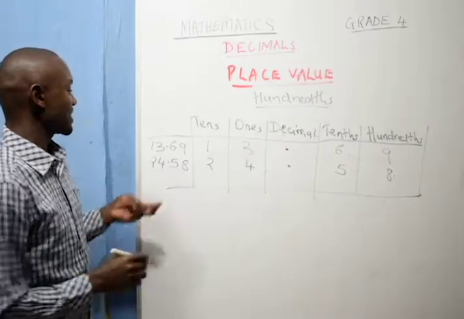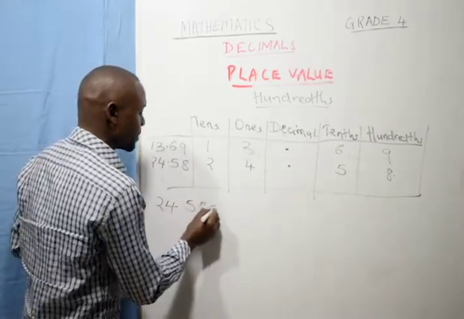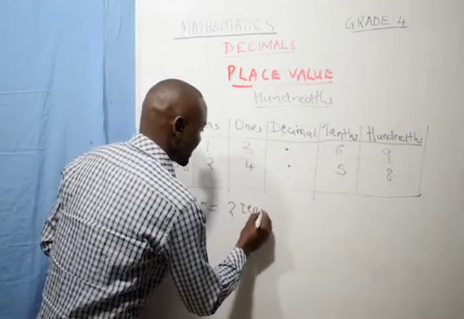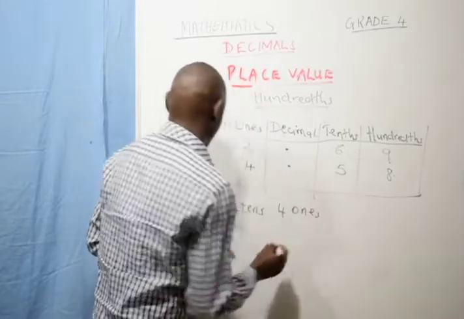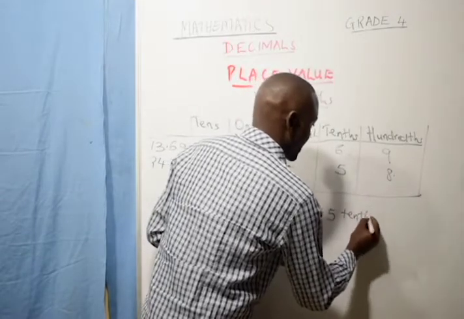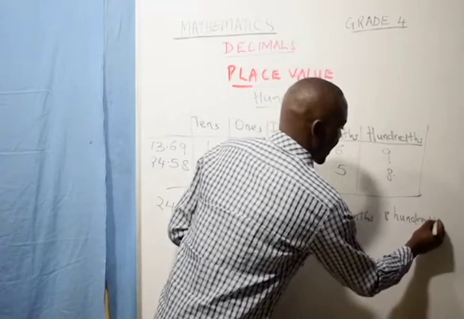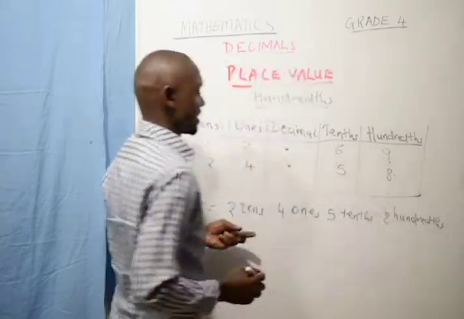So 24.58 can be represented as 2 tens, 4 ones, 5 tens, and 8 hundreds.